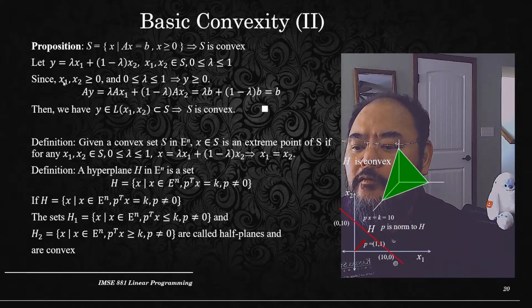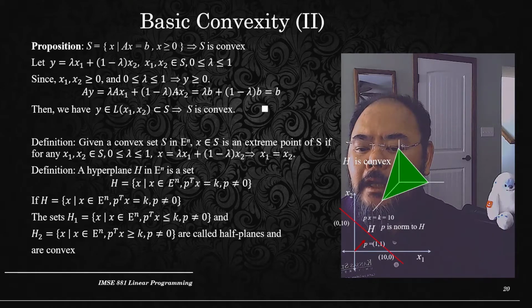So take a look. Since x1 and x2 belong to the set S, both of them have to be non-negative. And since lambda is between 0 and 1, it is non-negative also, so y is non-negative in this case. Non-negative times non-negative is still non-negative. Plug in: A times y equals lambda times A times x1 plus 1 minus lambda times A times x2.